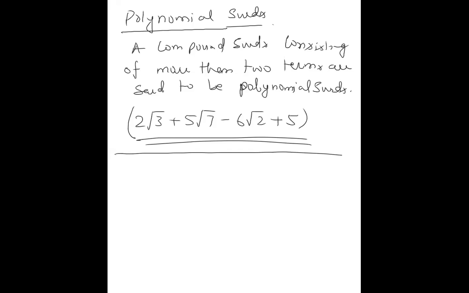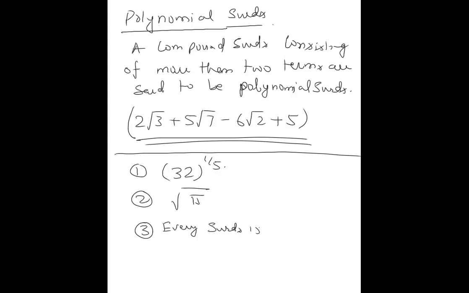A few facts. I am giving some questions here. First, 32 to the power 1 by 5. Second, under root of pi. Third, I am writing a statement, and you have to carefully say whether it is right or wrong: every surd is an irrational number.